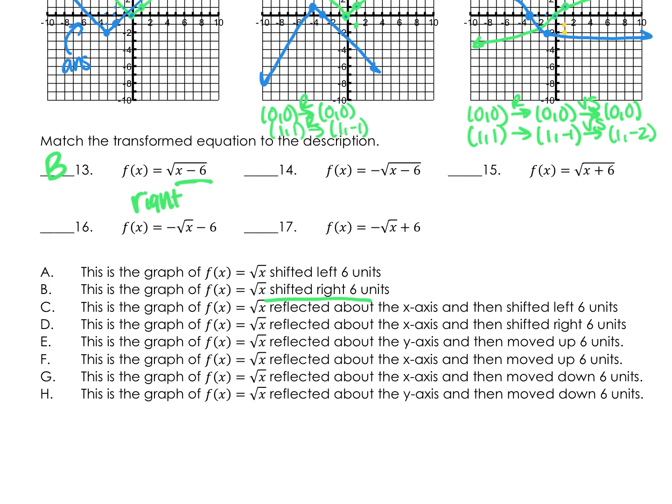I don't know where the 2 came from. This one here, the negative on the outside means we're going to change the y values. So we'll reflect over x and then go right 6. So that'll be D.